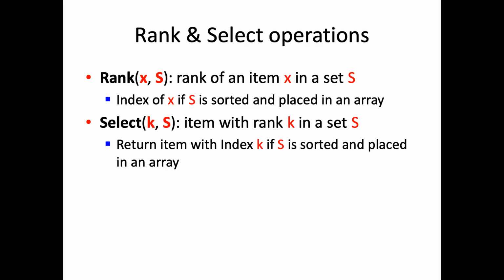Now the question is, how do I do it in any data structure? What you'll find is that using arrays or linked lists, both these operations are not very convenient because if I'm going to constantly insert and delete items, the rank will keep changing and I have to keep track of this.